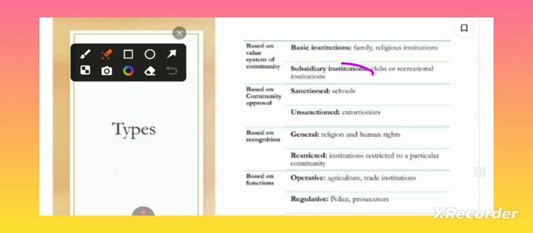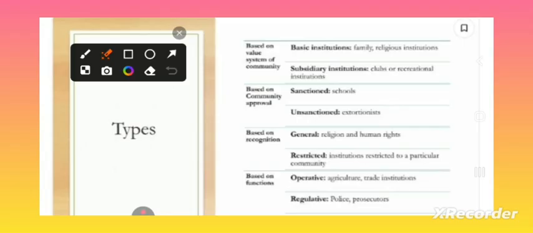Subsidiary institutions: clubs or recreations. Based on state approval: sanctioned, such as schools; unsanctioned, external or outside social norms, such as extramarital relations.